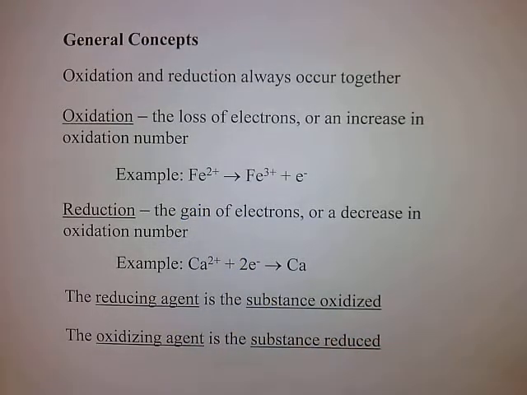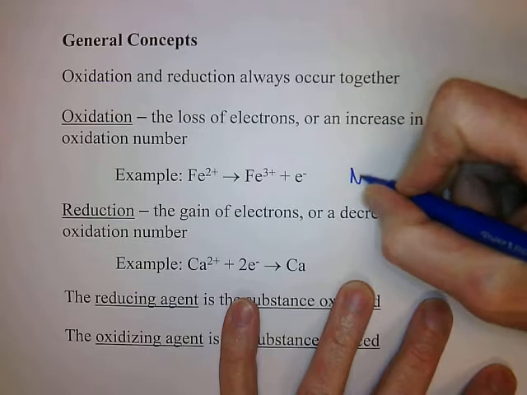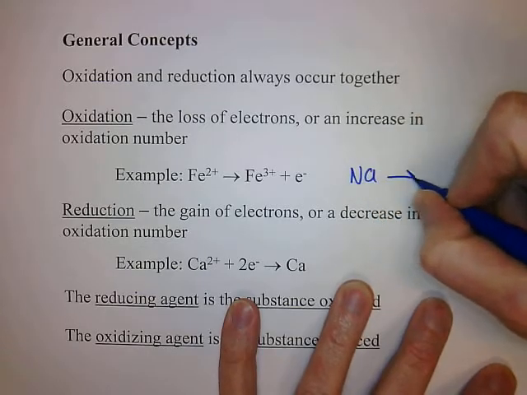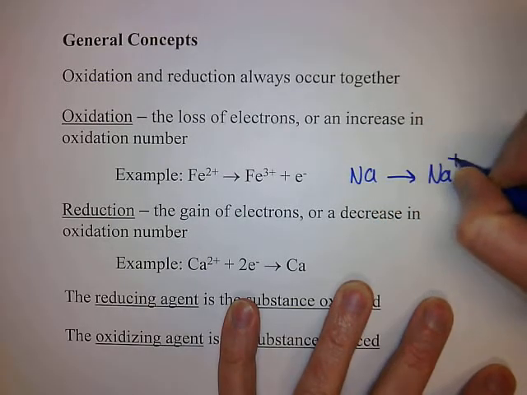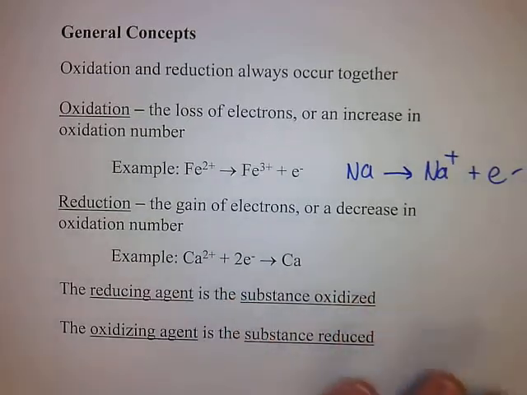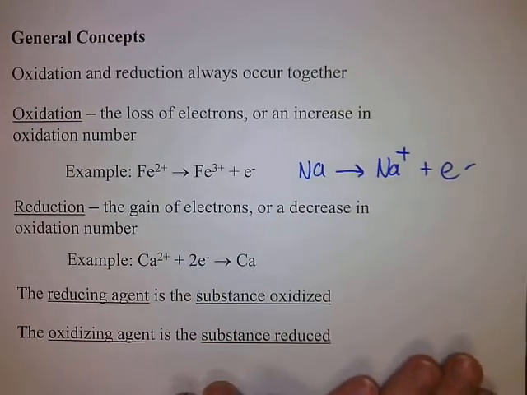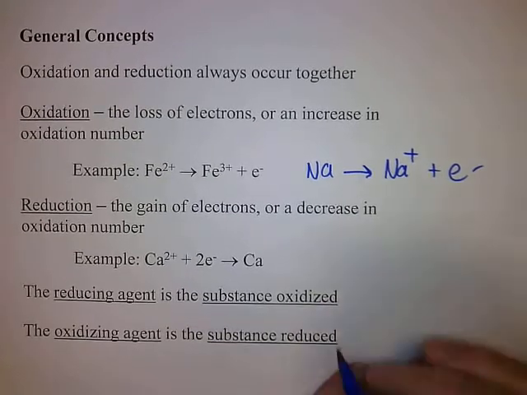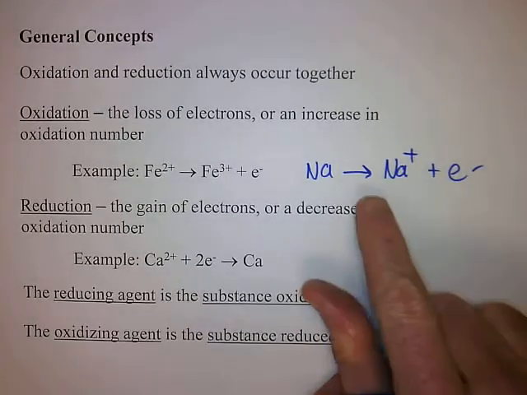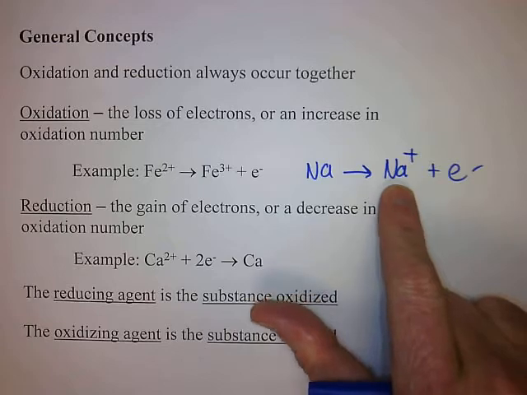Okay. For example, we could write another, even simpler reaction: a sodium atom becoming a sodium ion and giving up its electrons, right? We taught you in one of the early Chem 1 lectures that positive ions are formed by the loss of electrons, right?